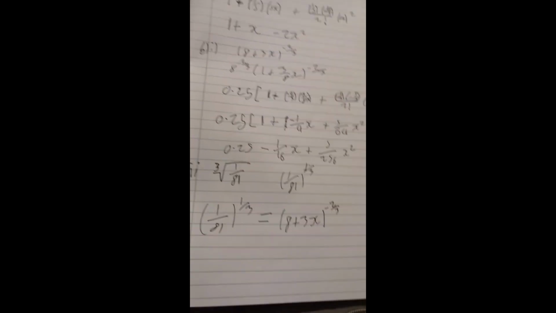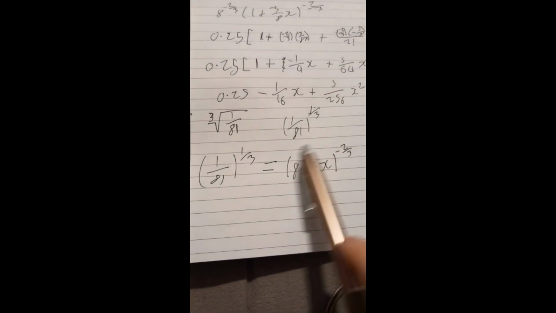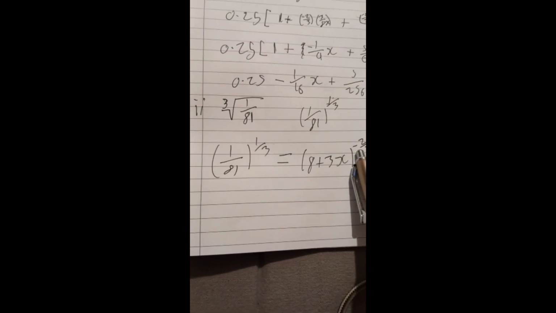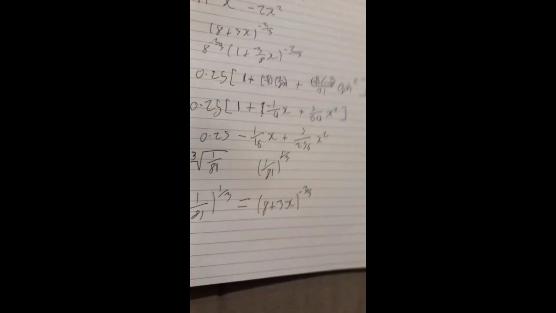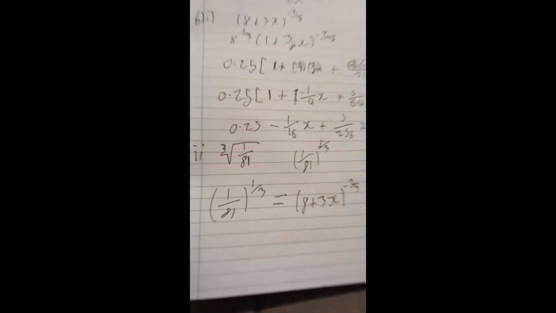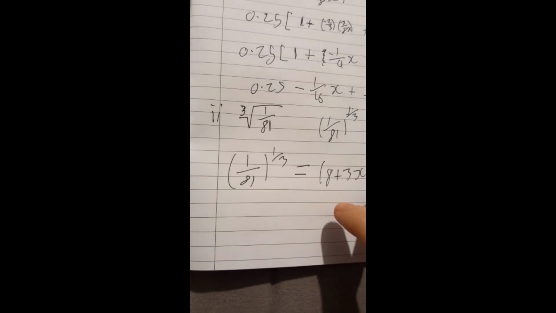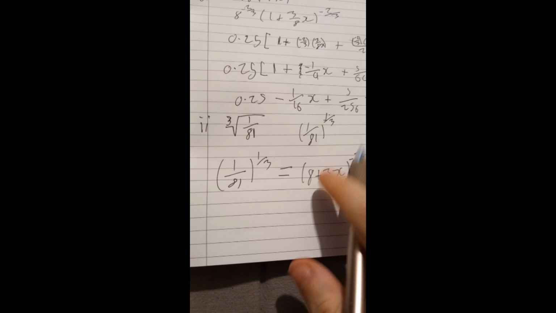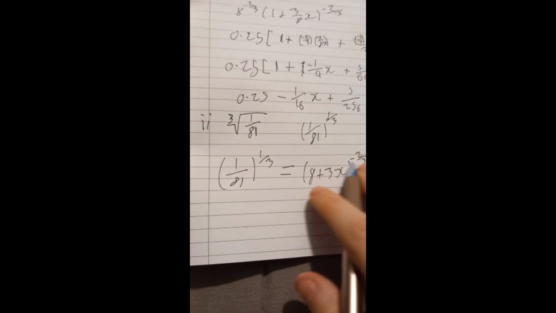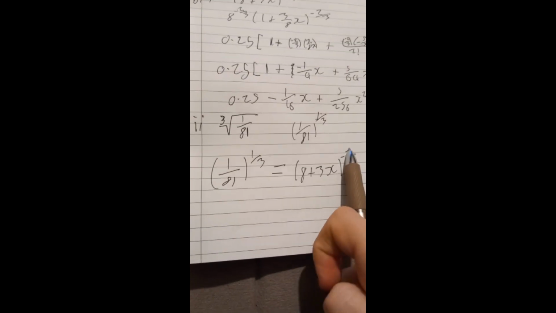So we're going to make this one have the same power as this one, so we're going to have them both to the power of minus 2 over 3. If you think about it, to the power of minus 2 over 3 means you cube root it, and then you square it, or square by the reciprocal because it's minus.